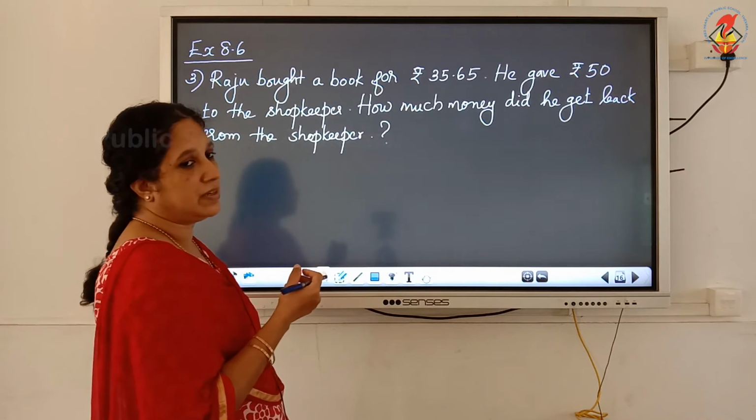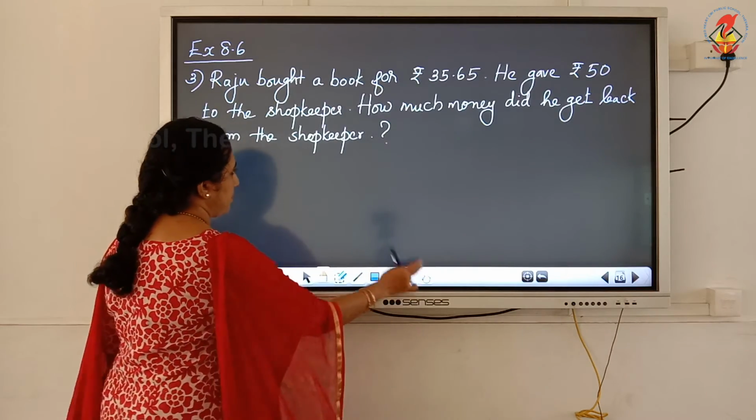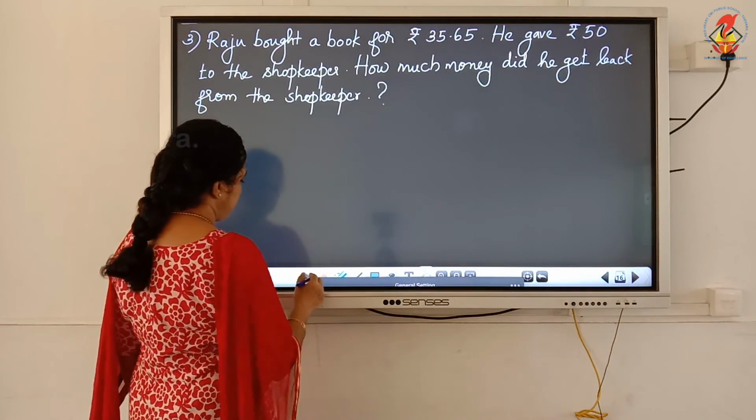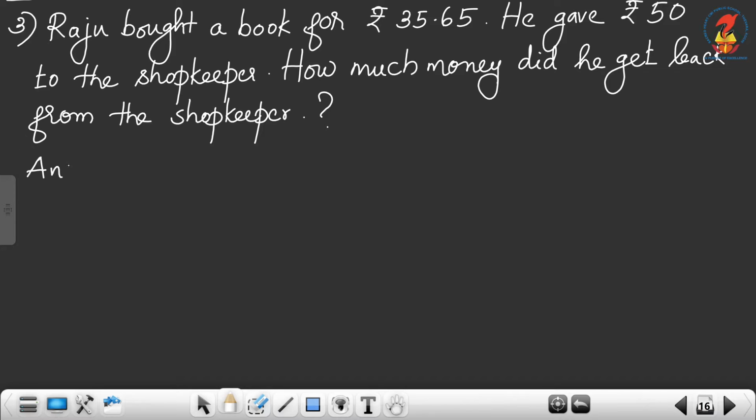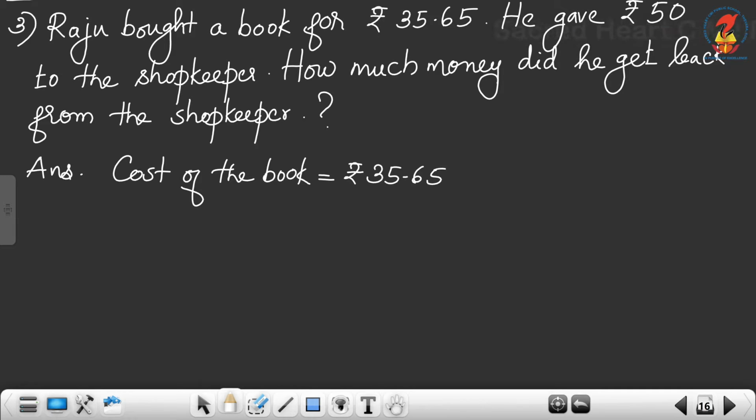Therefore, how we can write out the first step? The cost of the book is equal to rupees 35.65. Then money paid to the shopkeeper, how much?